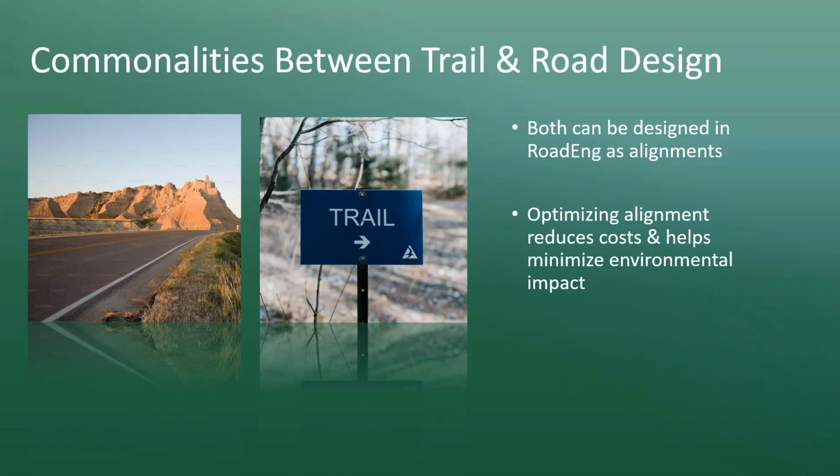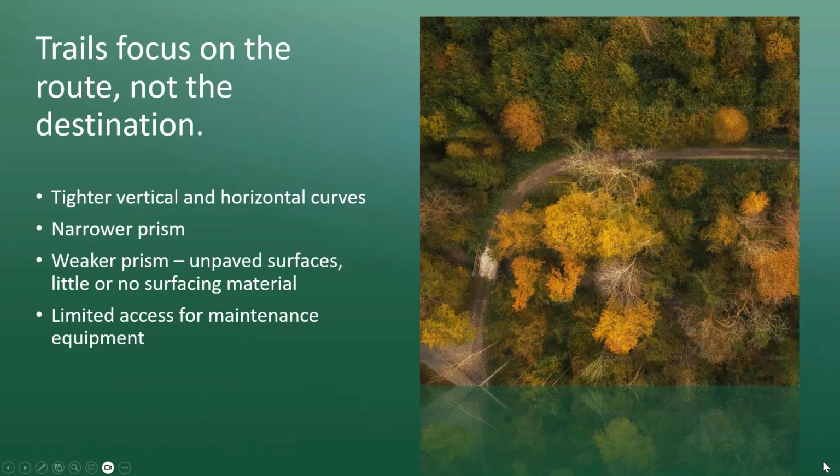And of course, there are some key differences too. These differences play a big role in how we use our tools and what we need to consider during the design. For example, compared to roads, trails focus on the route, not the destination.